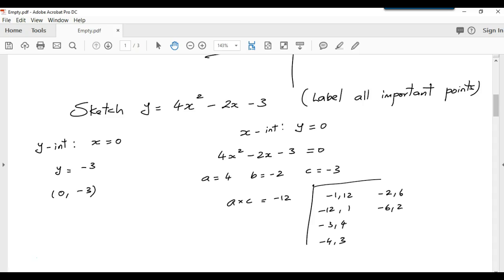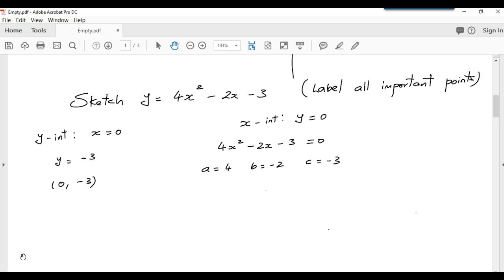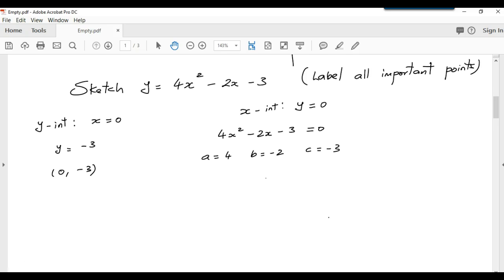All these different pairs give us negative 12, but they do not give us the value for b as negative 2. Hence, we can't use our normal factorizing techniques, so we're going to use the quadratic formula to work out the x-intercepts.